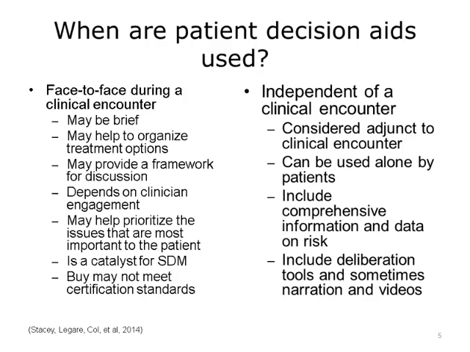They also often include deliberation tools, such as value clarification exercises, and sometimes include narrative elements, such as videos. More than 130 randomized control trials have demonstrated the ability of patient decision aids to support shared decision-making by improving patients' knowledge, increasing patients' participation in decisions, and helping patients clarify and communicate their goals and preferences.